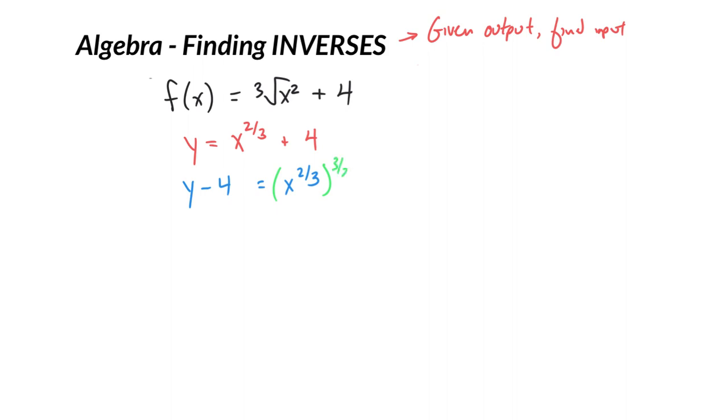We put it to the 3/2 because then it becomes x to the first. Do that to the other side as well. And at the very end, we simply swap variables. Okay? So our inverse is going to be x minus 4 to the 3/2.